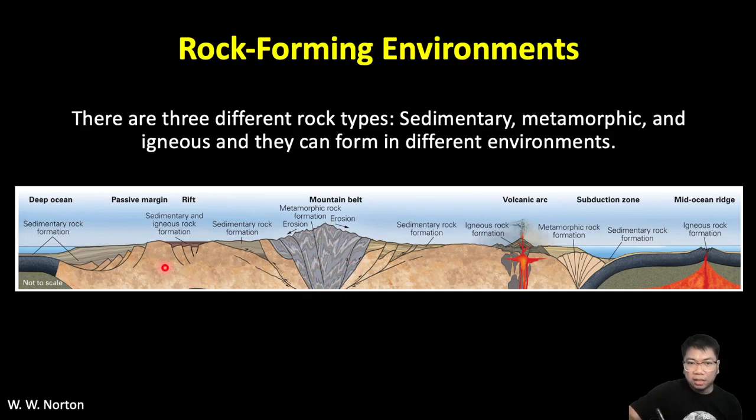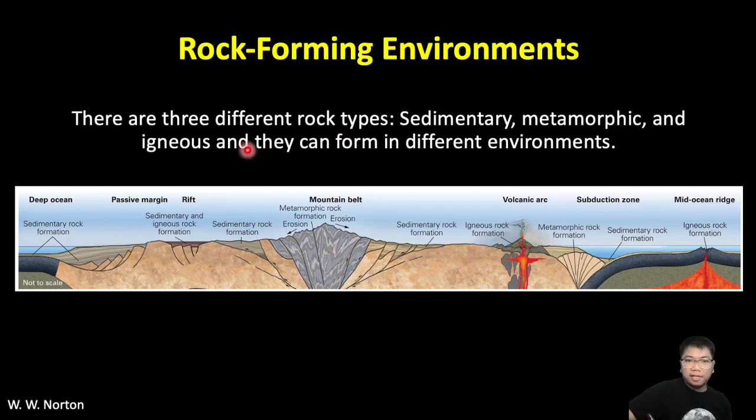So this continent and that continent, when they come together and collide, they will create a very extreme pressure right in the middle, and obviously when that happens, the temperature will also increase, and that's the reason why these mountain belts are typically sites for the formation of metamorphic rocks.